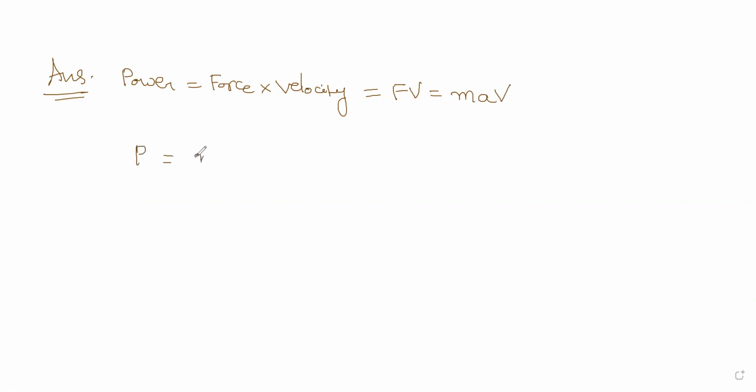We can write m into acceleration, which is velocity by time. Directly we are able to write, because it is flowing with a constant velocity. The velocity is not changing much, so it's a constant acceleration, I can say. So I have m into velocity by time into v, first of all.